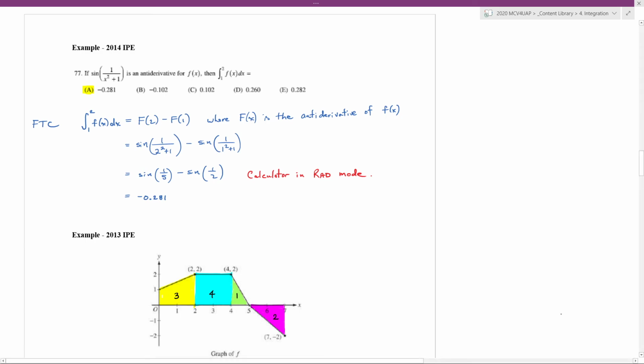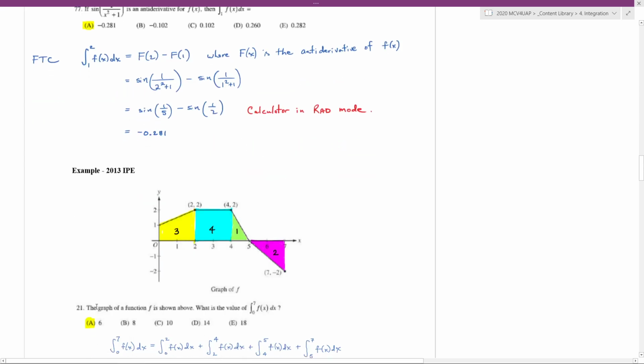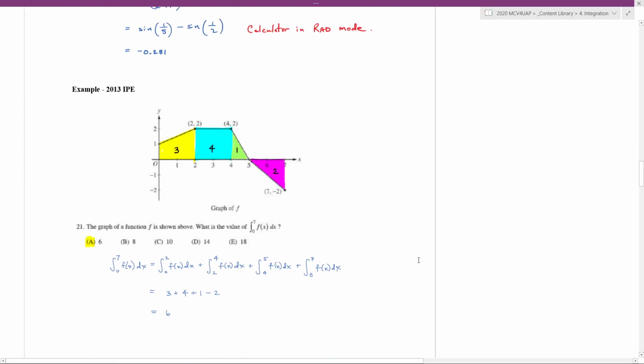Any questions on that one? Okay, the next one's pretty straightforward, I think. You're given that graph. Now I've gone and highlighted, I've broken it up into different shapes and I've found the areas, but what you were originally given was just that function and asked what's the integral from 0 to 7, which means you have to find the net area.